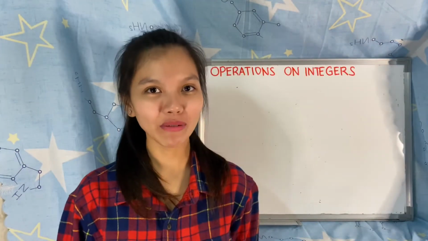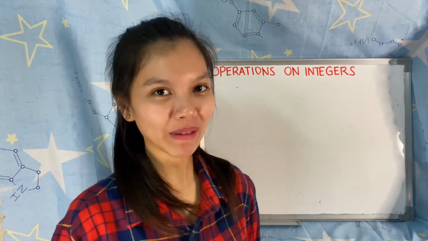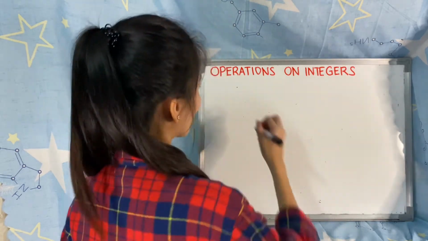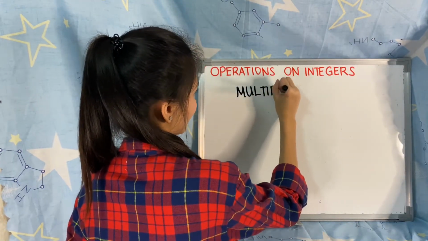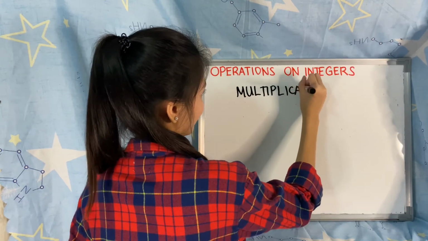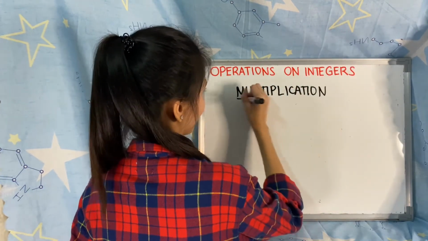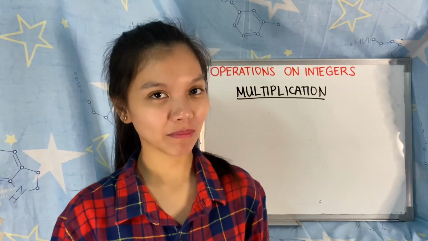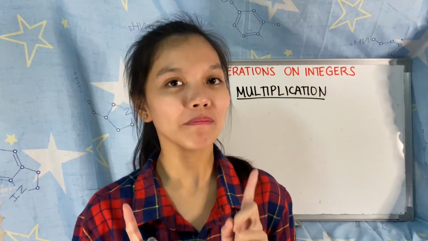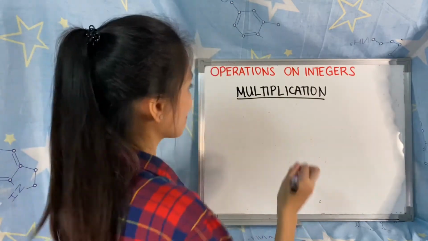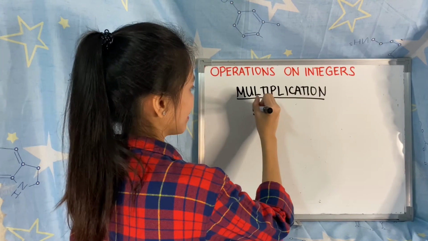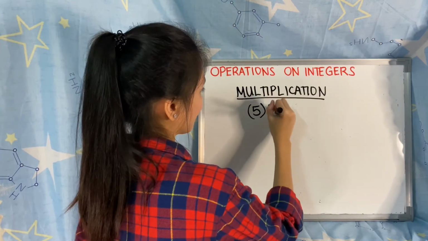Okay, moving on, we have here the multiplication of integers. So in multiplication of integers, we will be careful with our sign. So, for example, we have 5 times 4.